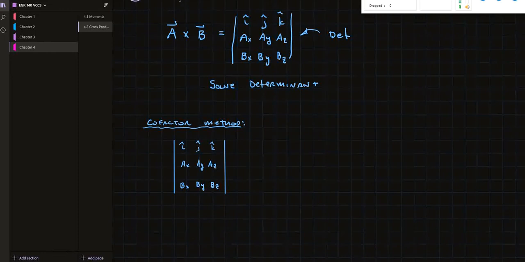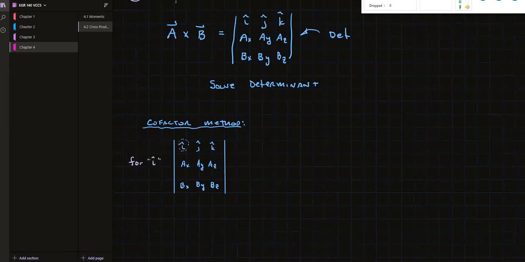And what we're going to do is we're going to select a value. Now for this demonstration, I'm just going to end up selecting I, J, and K. But you can really select any value in here, and sometimes it's easier to solve your determinant depending on how you do that. So let's start out by figuring out for I what this is going to result.